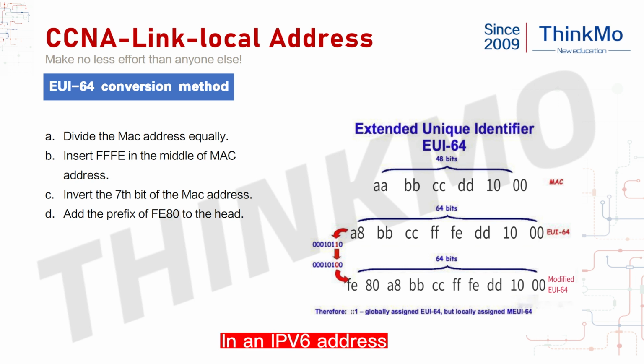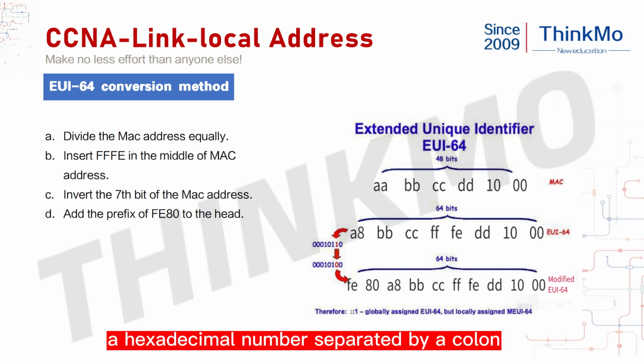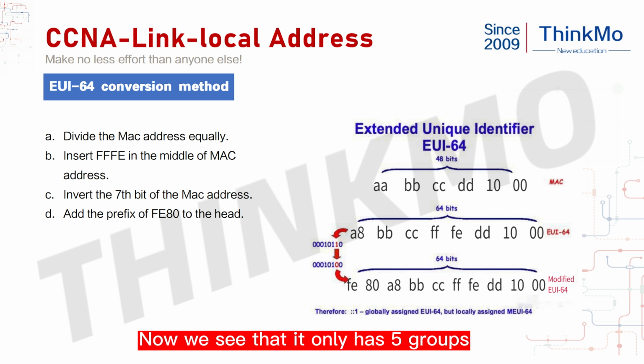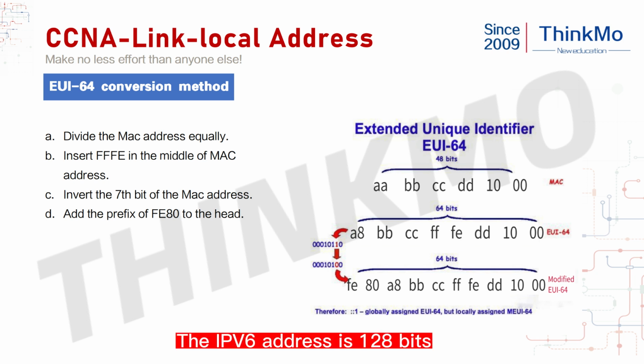In an IPv6 address, hexadecimal numbers are separated by colons. Insert FE80 at the head. Now we see that it only has 5 groups. The IPv6 address is 128 bits. There are 8 groups. Each group is theoretically 4 hexadecimal numbers. Now there are only 5 groups, so 3 more groups to go.